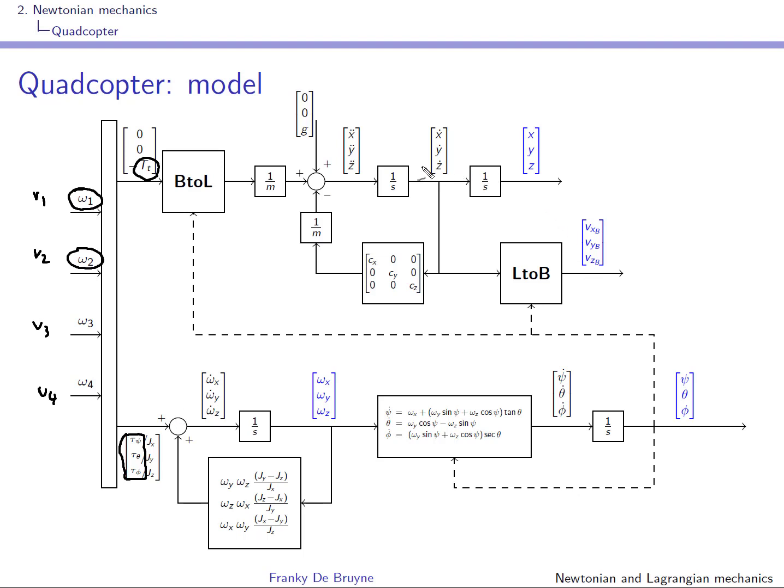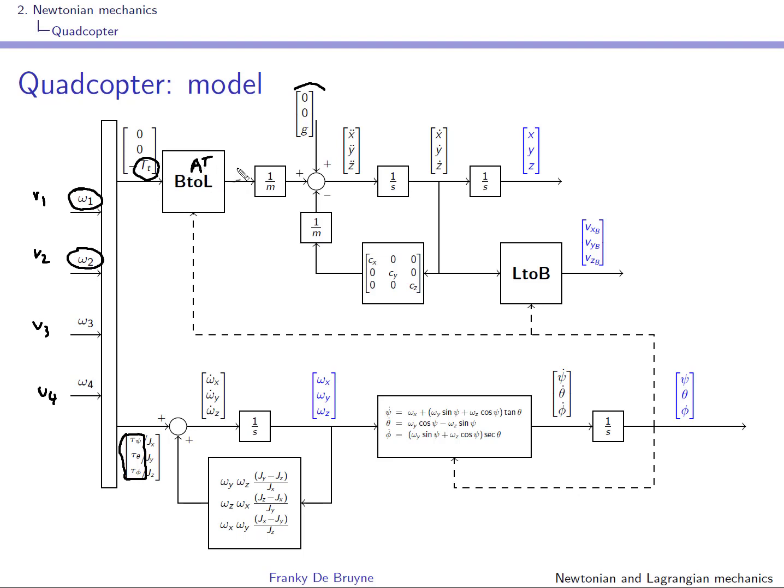So what you see here above is the first equation in translation that we had, I think, two slides ago, with the contribution of gravity here, and the contribution from the thrust. This is the thrust in the body-fixed frame, and then we transform it with A transposed to the local frame.